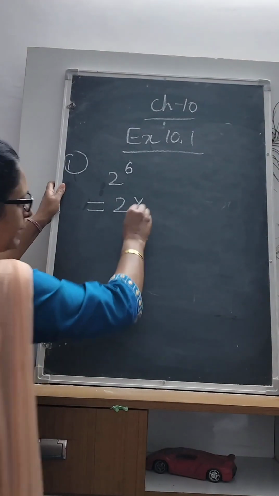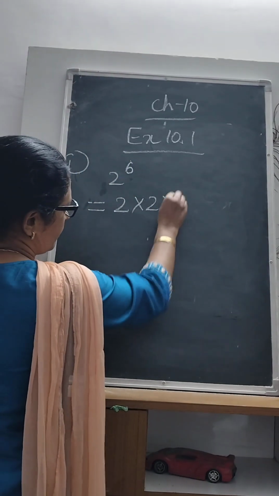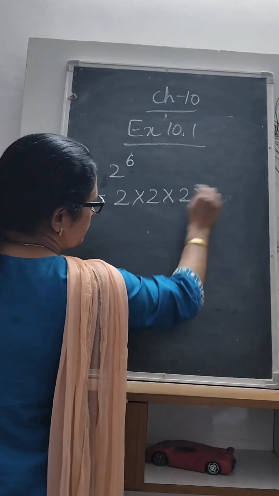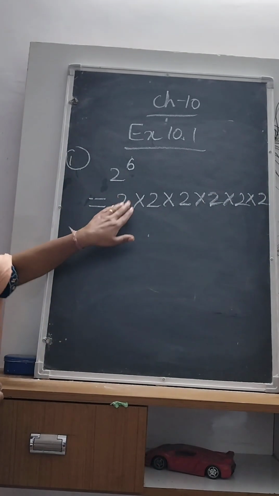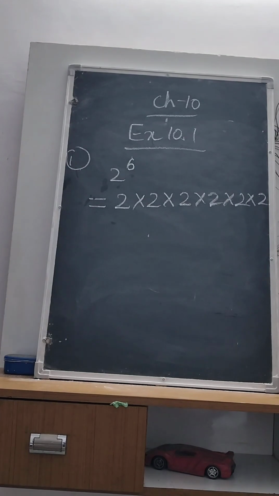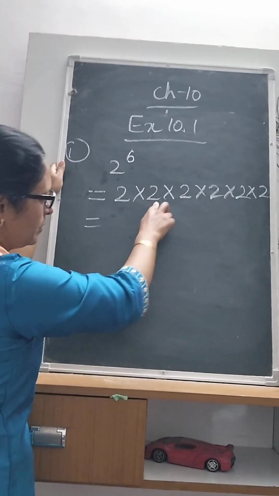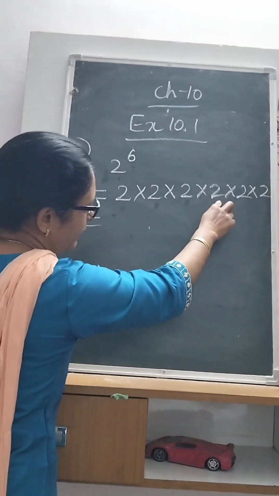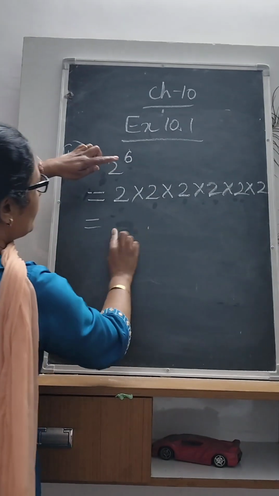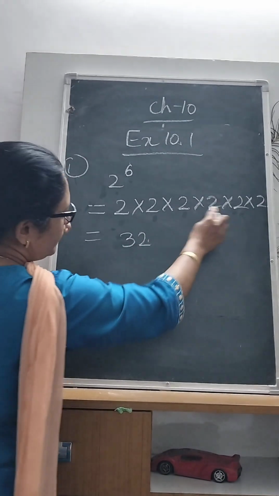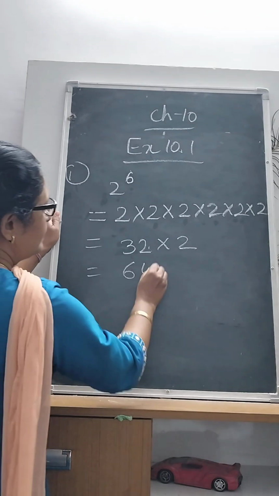It means we will multiply 2, 6 times. 2 into 2 is 4, 4 into 2 is 8, 8 into 2 is 16, 16 into 2 is 32, and so on. So the answer is 64.